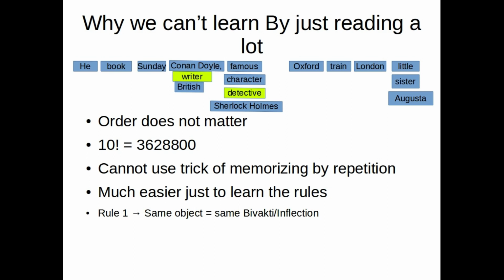If we replace Conan Doyle with some other author, we can still use our previous experience to get the meaning. But in Sanskrit, the inflections will determine the relation of these words in such a compact and beautiful way that we can almost use any possible combination and still be able to maintain the true meaning.